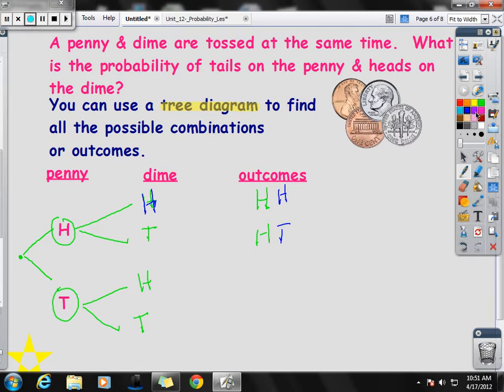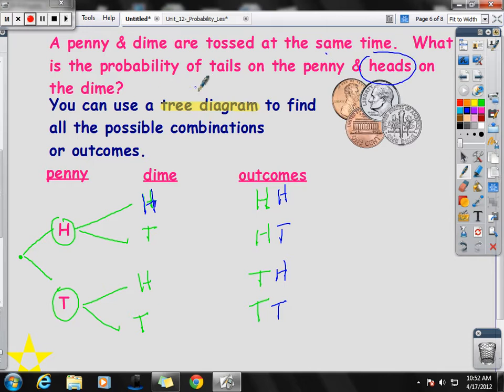If it's tails first, it could also be a head here and a tail here. So the only outcomes are a head and a head, a head and a tail, a tail and a head, and a tail and a tail.